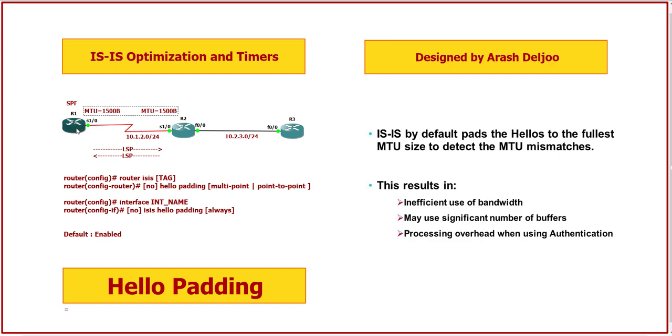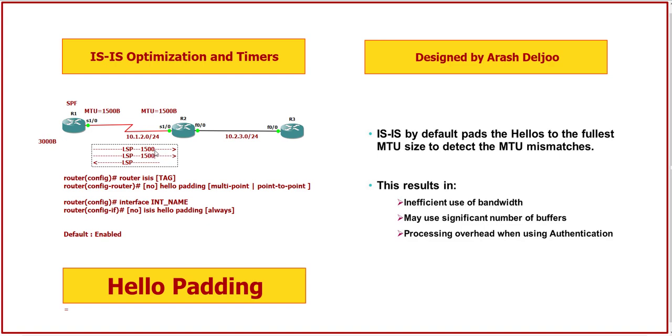For example, when R1 needs to send 3,000 bytes of information, it needs to send two LSPs. Both of these LSPs now have 1500 bytes, so we can send the information with only two LSPs. But if you use 1000 byte LSPs, this means that you need three LSPs.